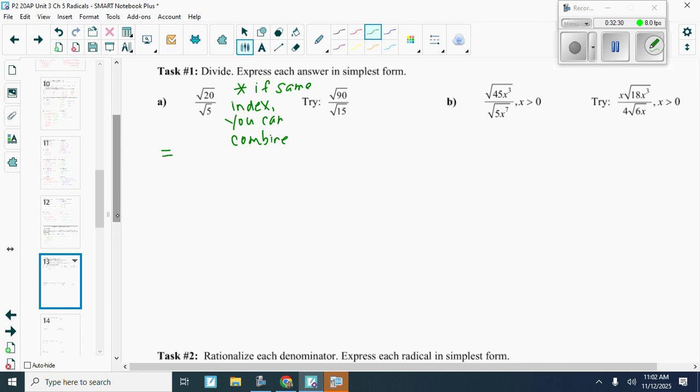Okay, so these are both a square root, and so I can put them both under one square root sign. Then I can do the division. So 20 divided by 5 just gives me 4. So the square root of 4 gives me 2. Okay, so try the next one. Square root of 90 divided by the square root of 15.